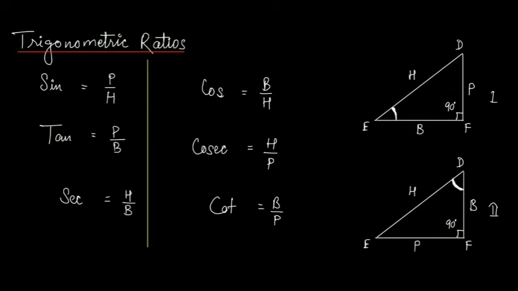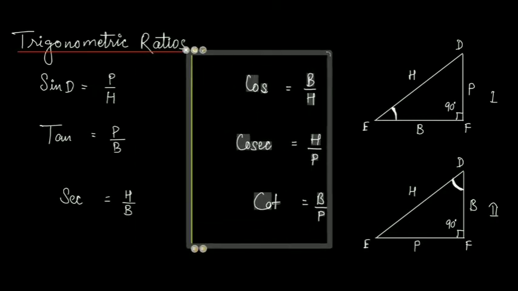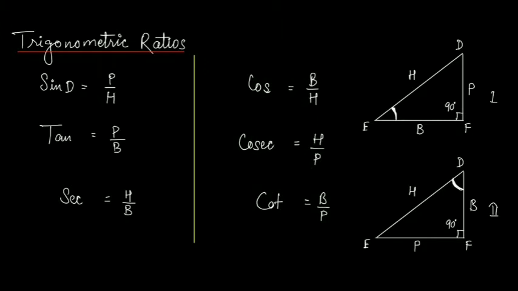And if we are finding sin D, in the case of sin D, perpendicular is EF upon DE, because for the angle D, perpendicular is EF and hypotenuse is DE.